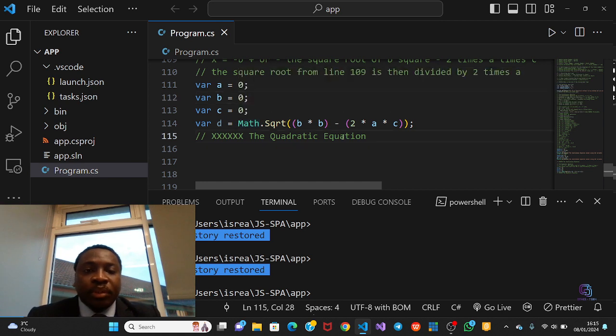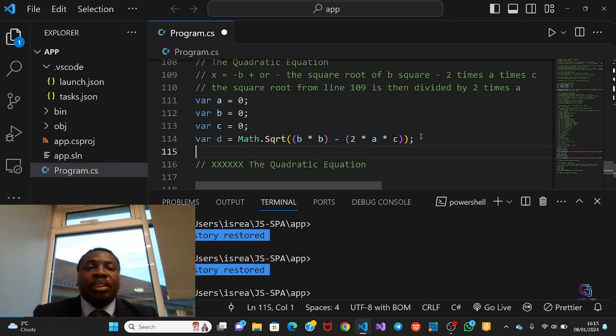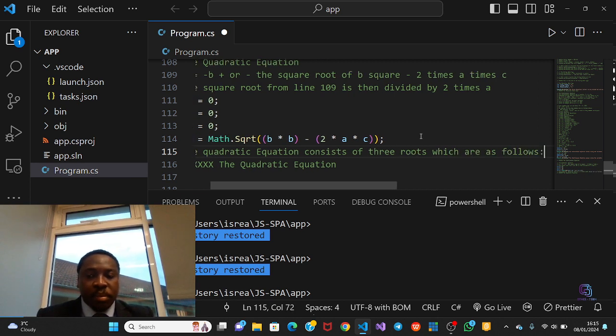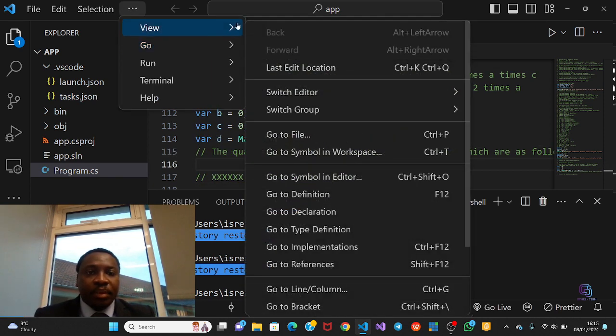We get to a stage where we're going to make use of this. Now with this, we're going to move to another part, which is getting the calculations. The quadratic equation consists of three roots, which are as follows.